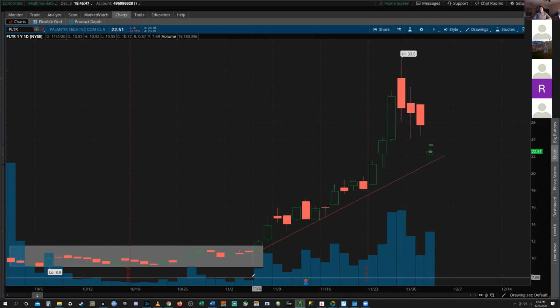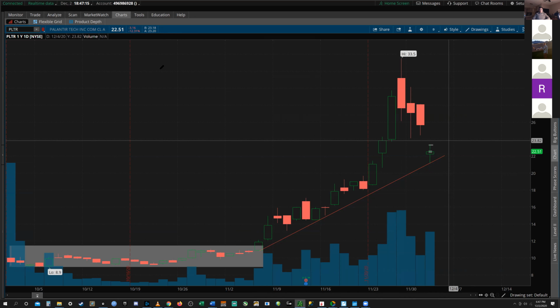This one touched it, and this one touched it too, but it still kept going forward. For the resistance, you may want to use pivot points and other more advanced statistical or technical tools, but this is just very basic drawing.